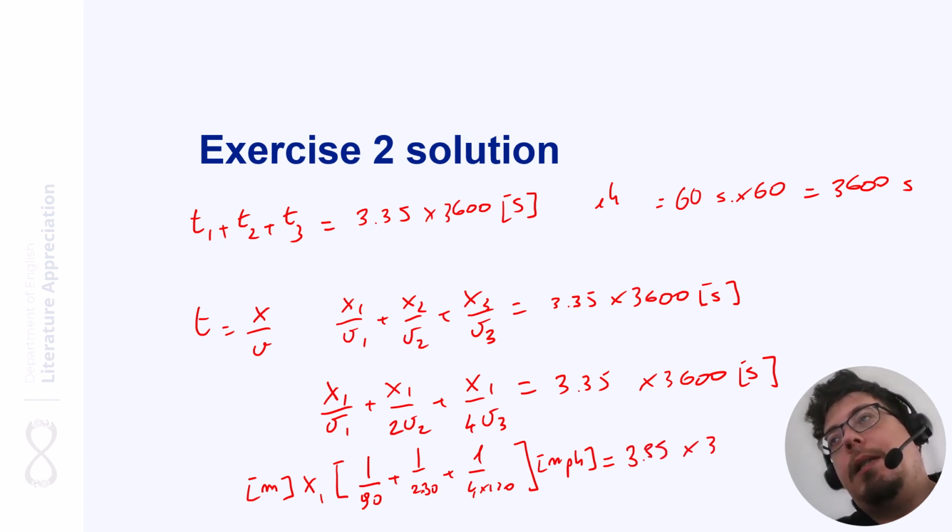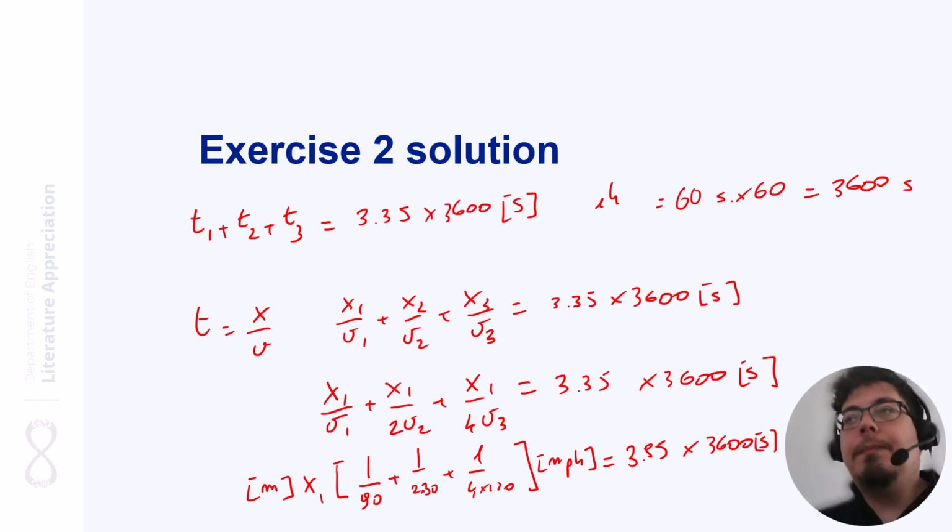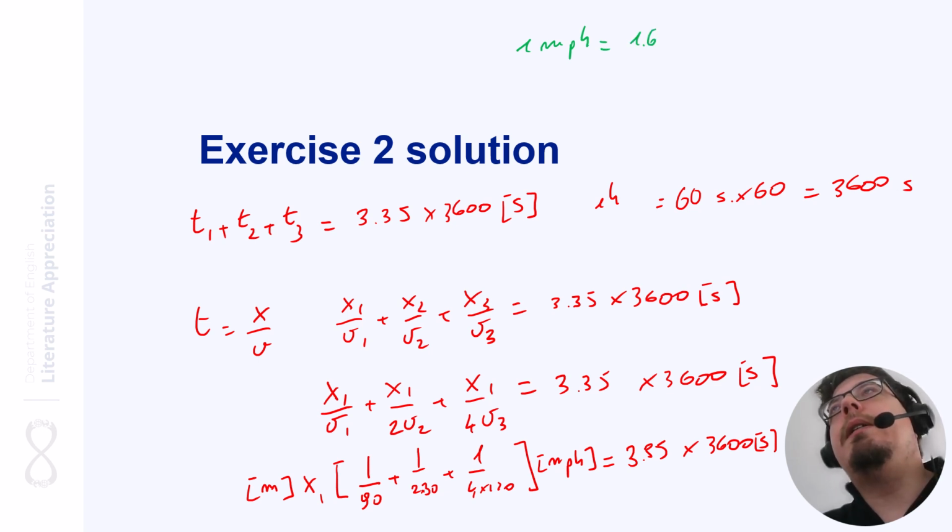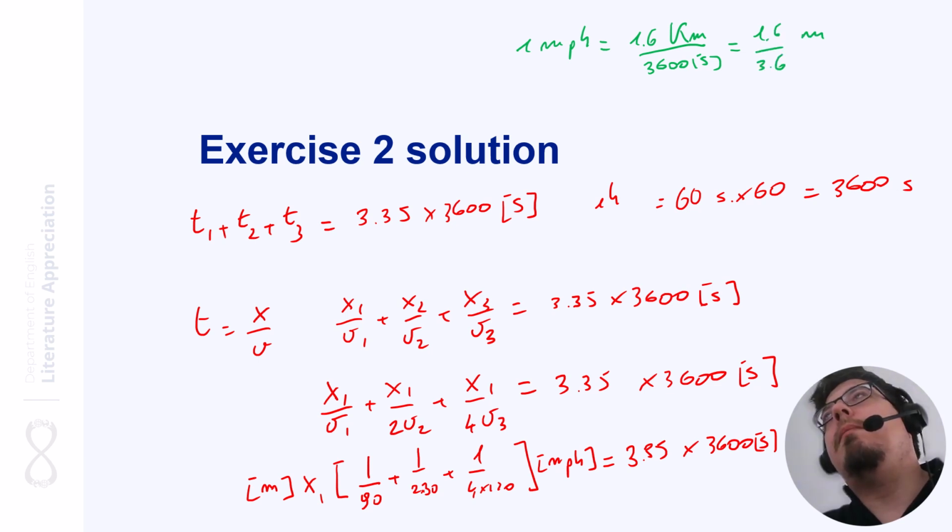So we need to do a conversion. 3.35 times 3600 seconds. So to solve this problem, we need to calculate what is a mile per hour in meter per second. So we can do here with the green. 1 mile per hour is 1.6 kilometer every 3600 seconds, which basically is 1.6 divided by 3.6 meter per second.